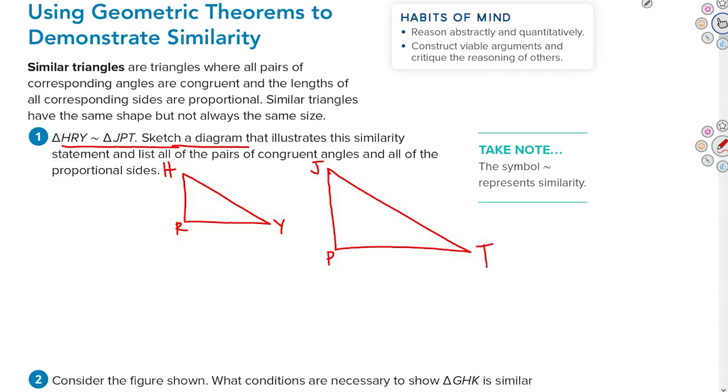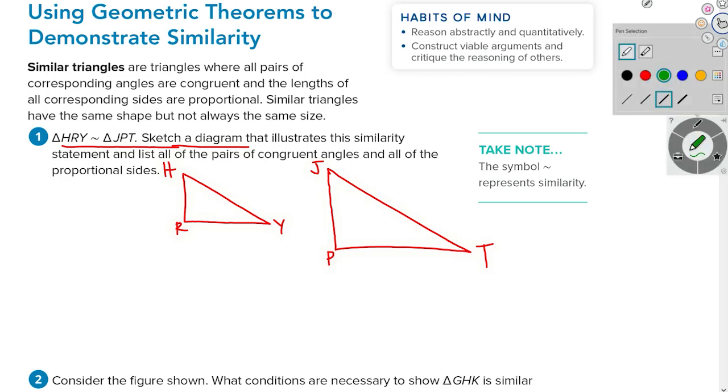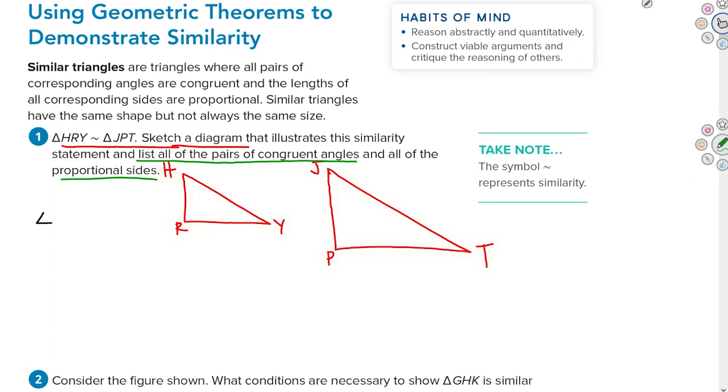Okay, now the reason I'm doing this one is I want to show you how to list corresponding pairs of congruent angles, and also proportional sides. So we'd say angle H is congruent to angle J. And honestly, I don't even need the picture because there's correspondence.